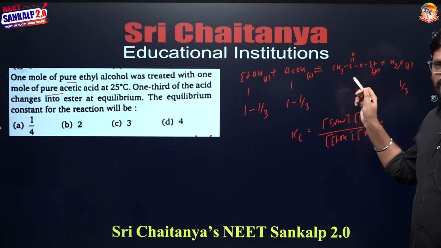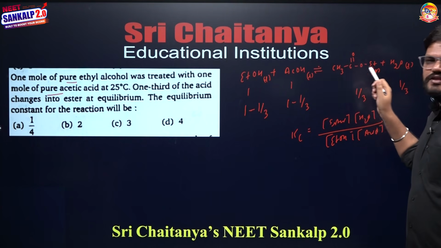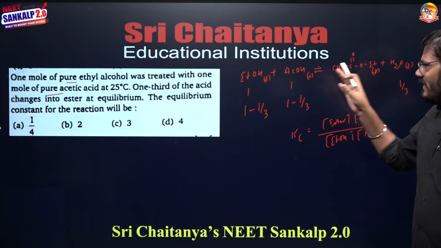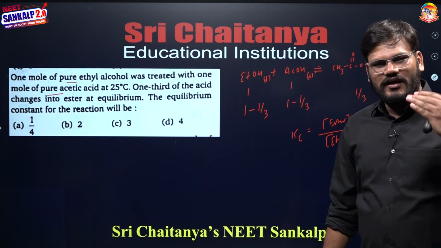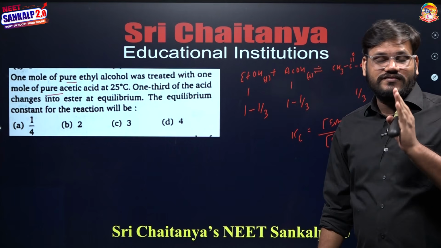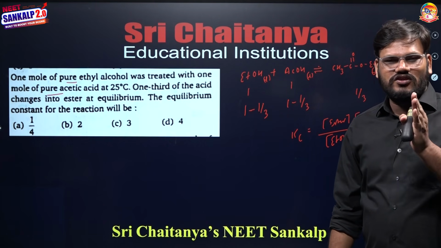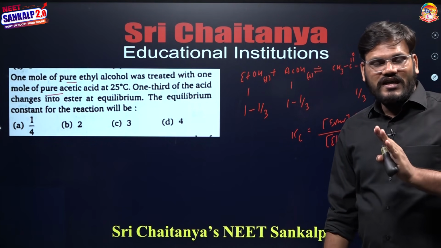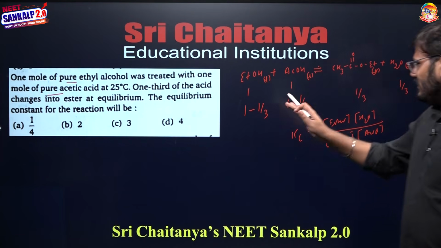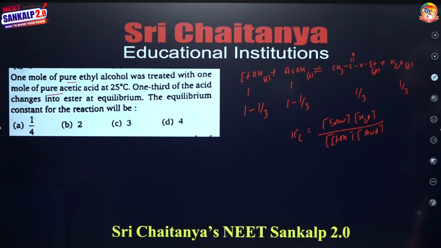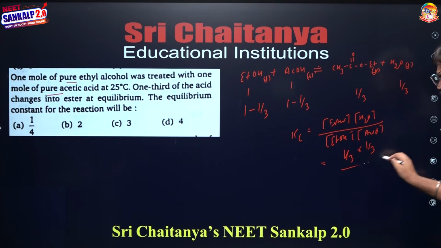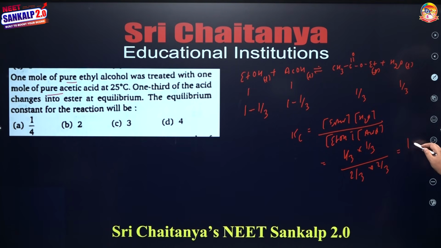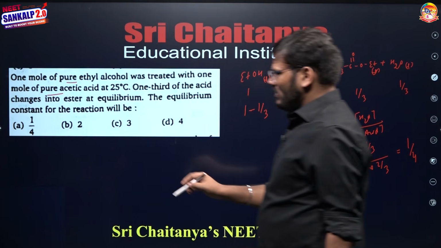This is a homogeneous liquid phase reaction in which none of the reactants is present in excess, and all are in liquid phase. If any one of them is present in gaseous phase, then we have to take the concentration of pure liquid, pure solid as 1, or we can take the concentration of pure solid and pure liquid as 1 only when it is present in excess. In this case none of the components is present in excess. So this can be solved: 1/3 into 1/3, then 2/3 into 2/3. So it will come as 1/4. So option A, again option A is correct.